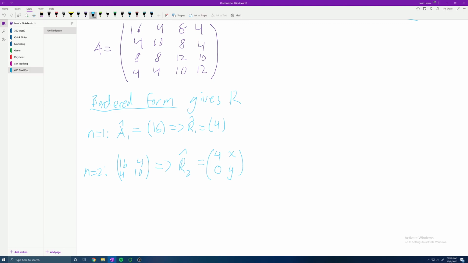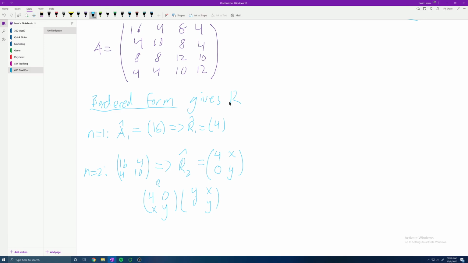So we know that RT times R equals A. So this is supposedly R. So what we can do is say, okay, RT times R equals A. So let's just write that in. So 4, 0, x, y, that's RT, times 4, x, 0, y right here.